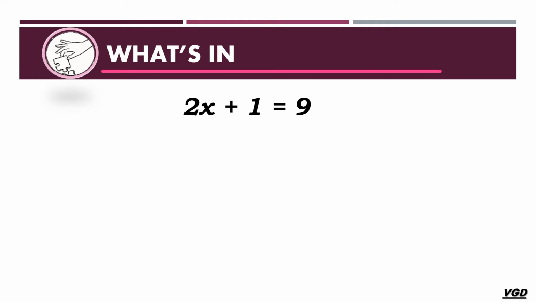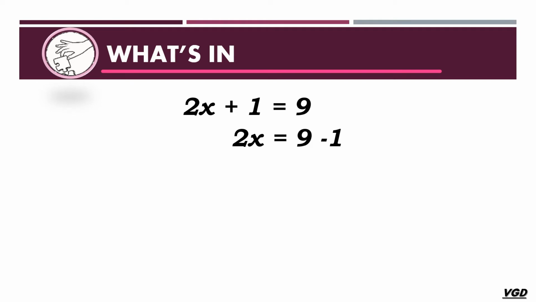So we have here 2x + 1 = 9, and our goal is to get the value of x. In this case, we have to combine like terms. So we need to leave x at the left side and transfer 1 to the right side. By using the additive inverse of positive 1, we just have to add it to both sides.